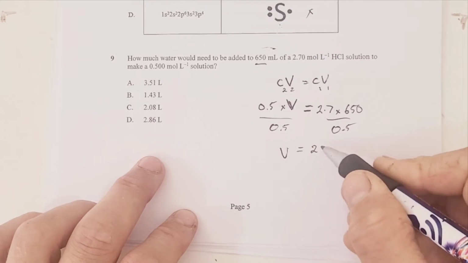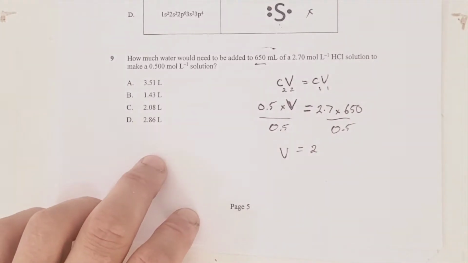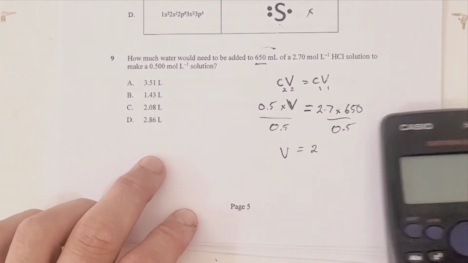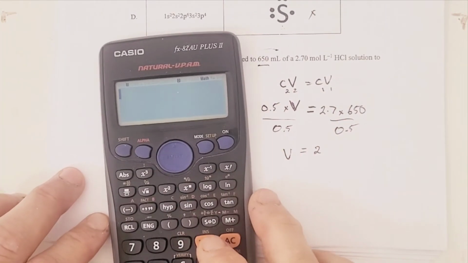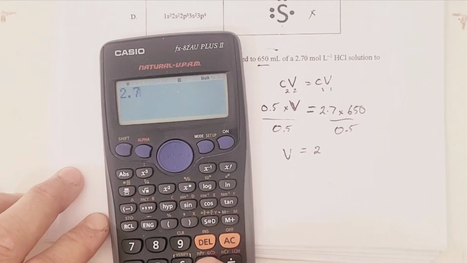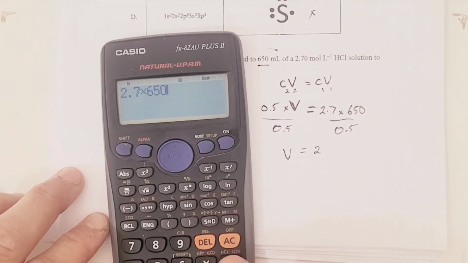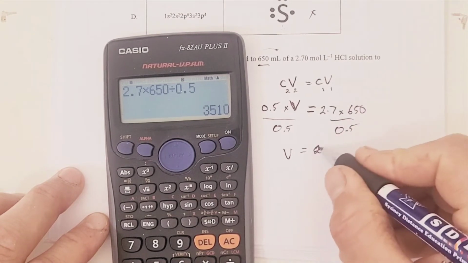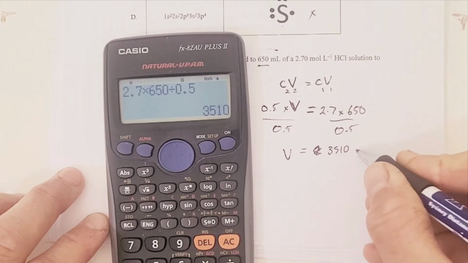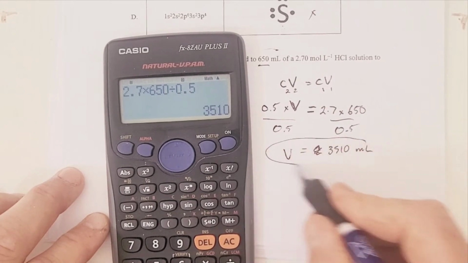Volume equals to, now where's my calculator? 2.7 times 650 divided by 0.5. 3510. Don't forget milliliters. That's the final volume.